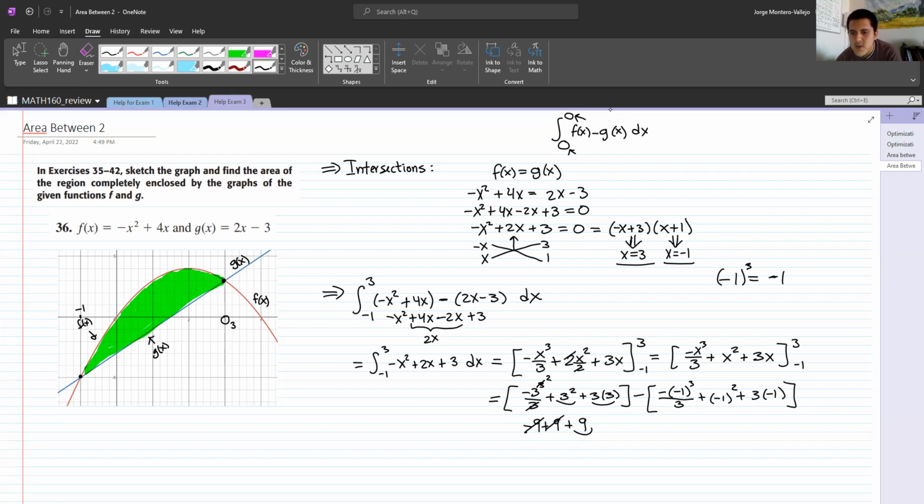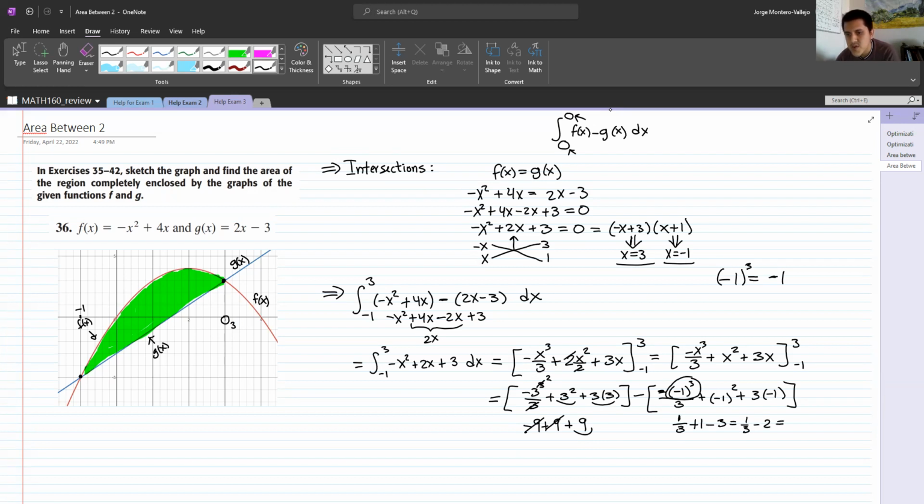Okay, so this part over here, it's a -1, but there is a negative here too. So then that will give you something positive, right? So 1, and then you have 3 in the denominator. Now, -1 squared, that makes it positive, so +1, and then 3 times -1, that's -3. 1 and -3 give you -2.